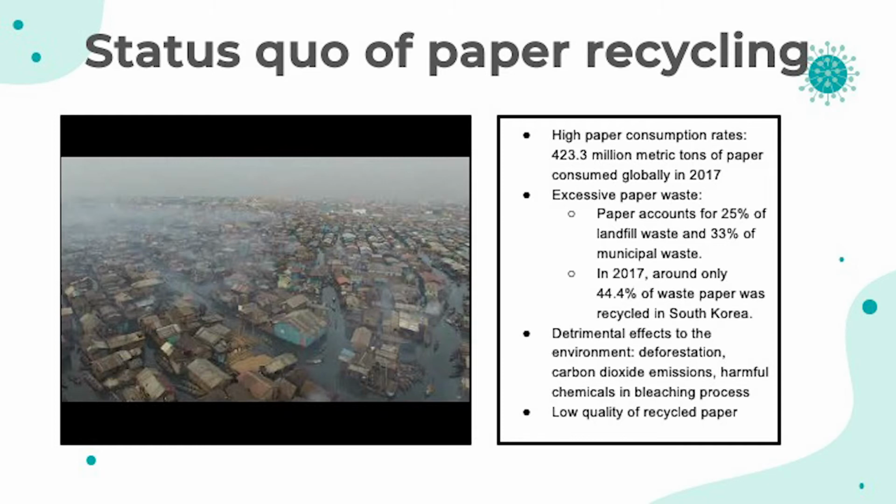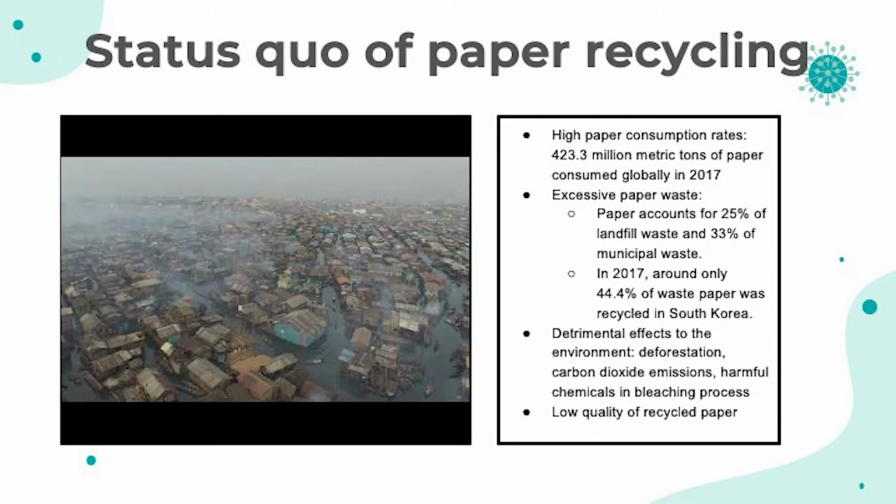This leads to the first point, which is that much of this consumed paper is put to waste and not recycled. Paper accounts for 25% of landfill waste and 33% of municipal waste. In 2017, only around 44.4% of waste paper was recycled in South Korea. Recycling paper itself is uncommon in Korea, leading to the waste of paper.